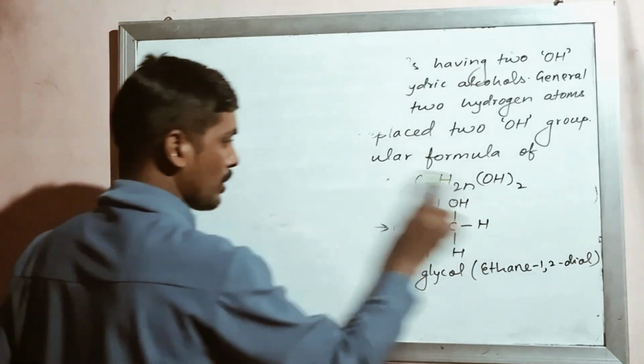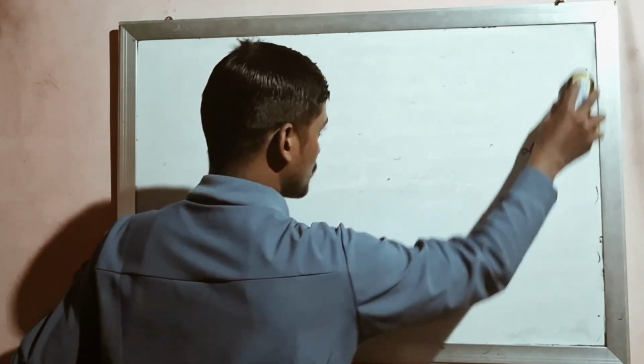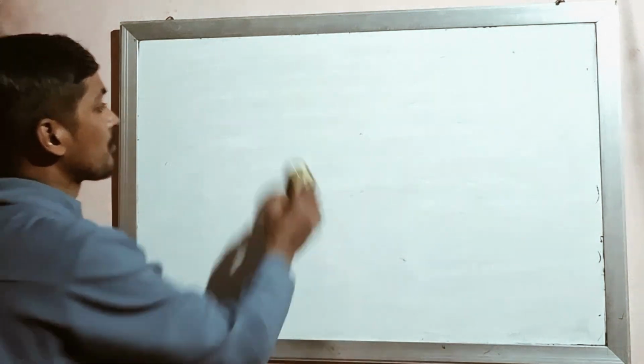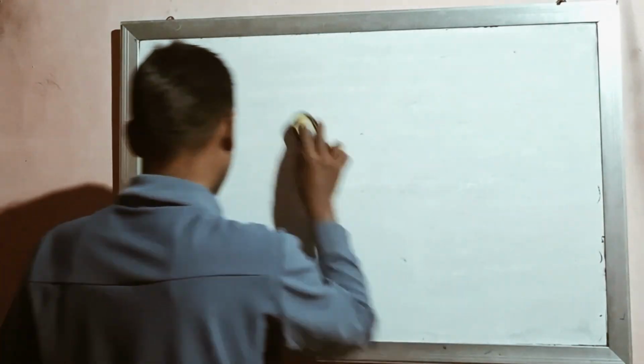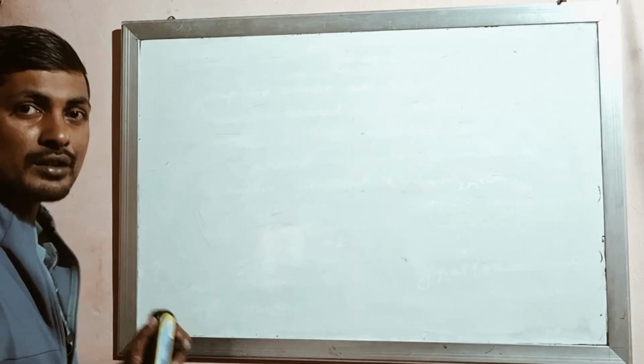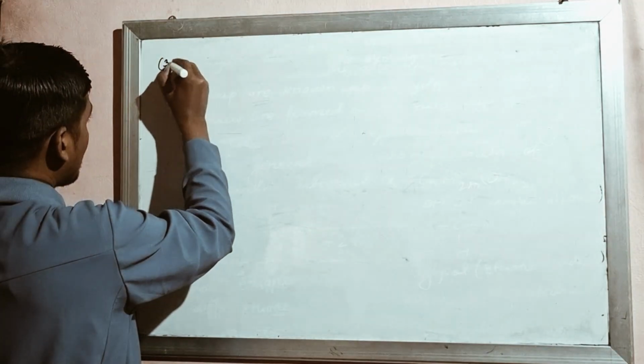So after dihydric alcohol, let us talk about the trihydric alcohol, the next type of alcohol. Here di means having two OH, tri means having three OH or three hydroxyl groups. If any alcohol has three hydroxyl groups or three OH groups, then such alcohol is known as trihydric alcohol.